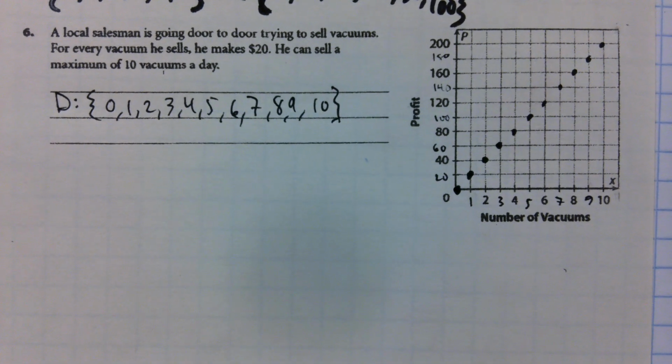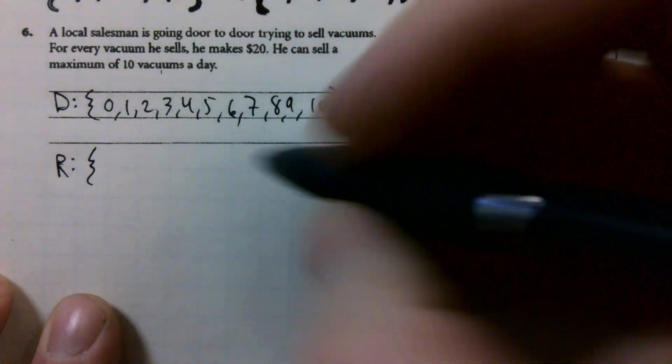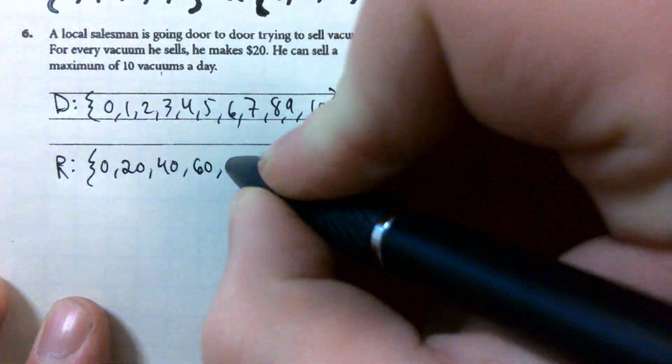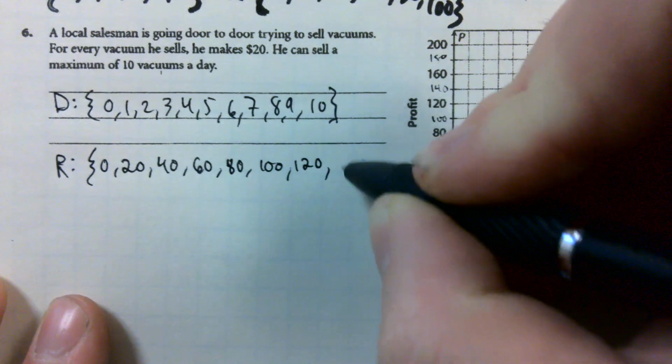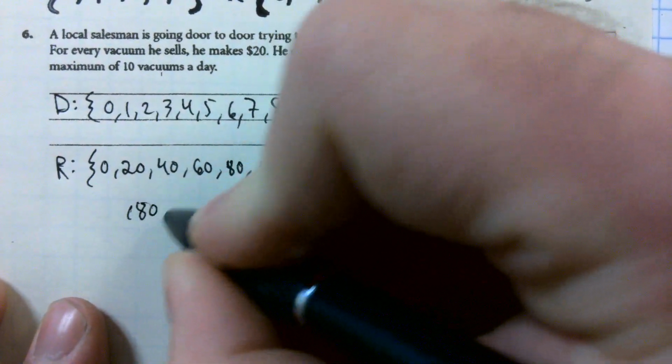You could sell 1, you could sell 7, you could sell 0, but you can't sell 11. Who can tell me what's my range here? 0, 20, 40, 60, 80, 100, 120, 140, 160, 180, 200. Hey, look at that. We can count.